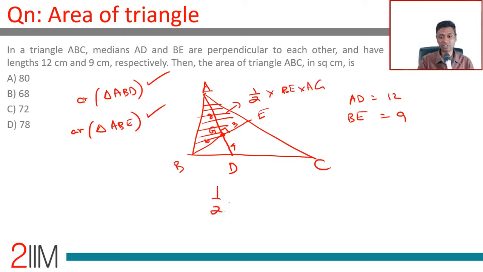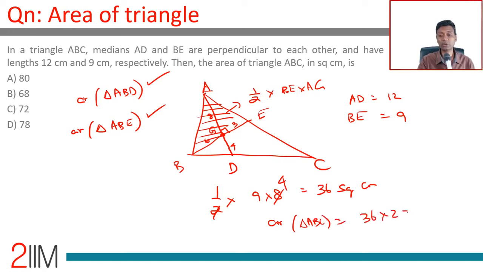That is half into 9 into 8, 9 into 4, 36 square centimeters. Now that is going to be equal to the area of triangle BEC, because BE is the median, so the area of triangle ABC is 36 into 2, which is 72 square centimeters.